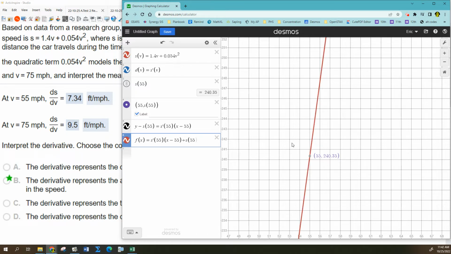Okay, there's my line. Now I can put in the point 56 miles per hour, right? That's what that is, comma, f of 56. And there's that point. And it gives me coordinates.